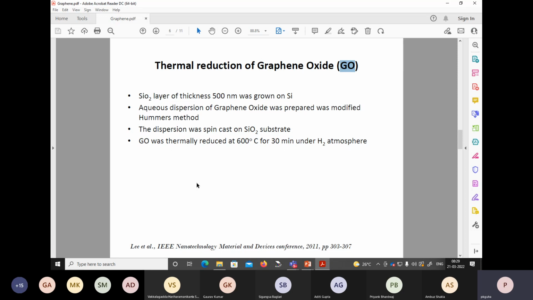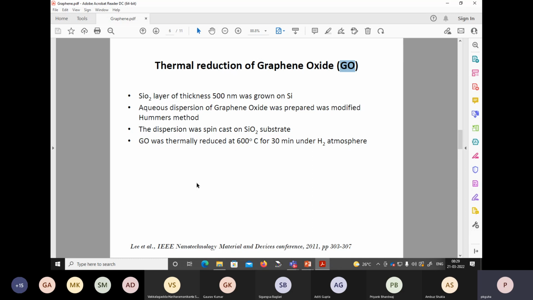Or if you reduce it too much, then technically it should become graphene. But as I said, it is not easy to remove 100% of these functional groups attached to this honeycomb structure, but you will get quite good properties of graphene out of this.